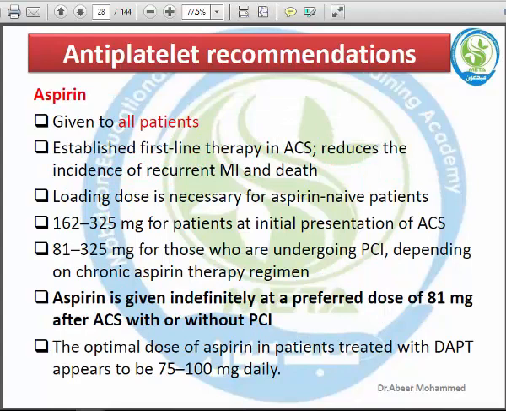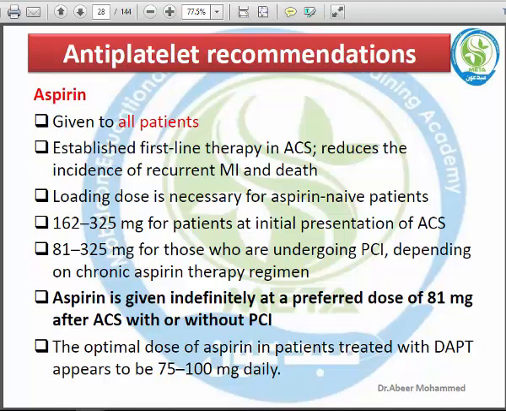Aspirin should be given to all acute coronary syndrome patients. It is the first line therapy and has a mortality effect; it reduces myocardial infarction and death.